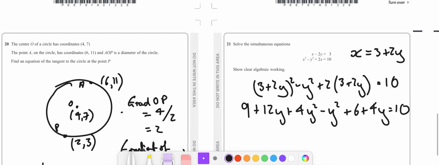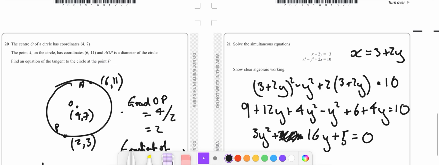So we've got 3y squared plus 16y plus 15 minus 10 plus 5 equals 0. No, I was right the first time.